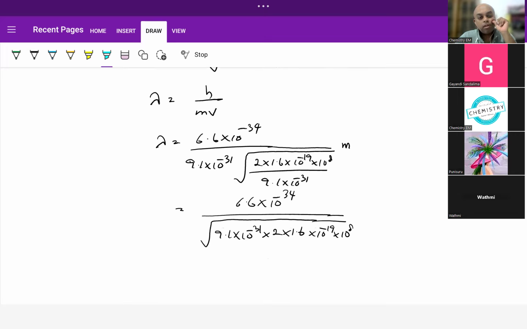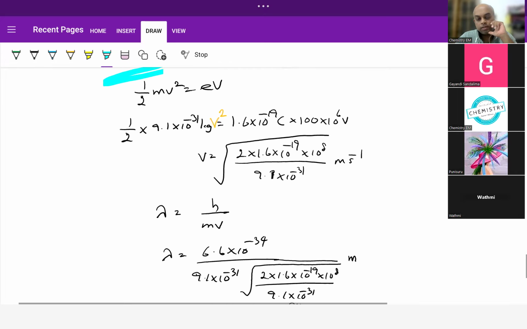Can we use lambda equal to h divided by root of 2qVm directly? Yes, you can. This is derived from the same equation actually. Q is E, no? You can use it directly. This is how you derive it.